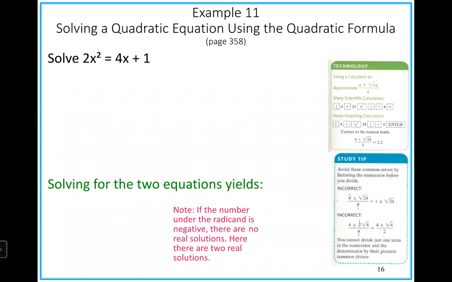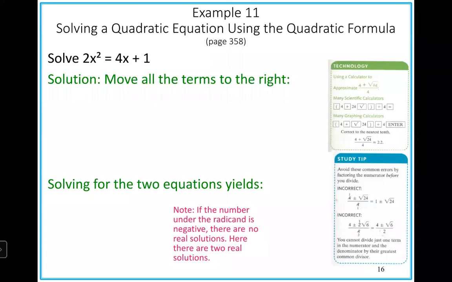Now, in this other example, we have a quadratic equation, but it's not written in the standard form. It says 2x squared equals 4x plus 1. So all we have to do first is rewrite it in the standard form before we could use the formula.